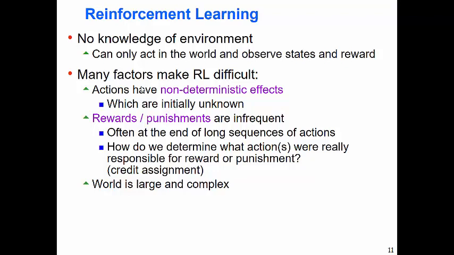That's not a lot of information, right? You took maybe 100 actions. Maybe it was a long game. You took 100 actions before that, and now you're saying you won. Well, how do you know which of these actions actually made a difference? So this is something called the credit assignment problem. And RL is really hard in that sort of environment.